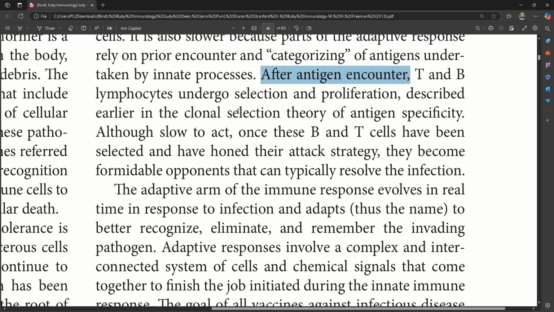The main reason it takes so much time is that it needs selection and it needs the cells to increase in number so that they will proliferate, as described earlier in the clonal selection theory of antigen specificity. So this clonal selection process is taking place, and for this purpose it needs some time.